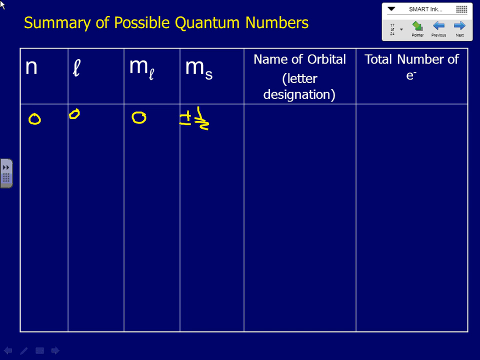Because L is equal to 0, what type of orbital do we call it? It's an s orbital, but I'm going to add one bit of information. Because I have an s orbital in each of the energy levels, I'm going to call this a 1s orbital.